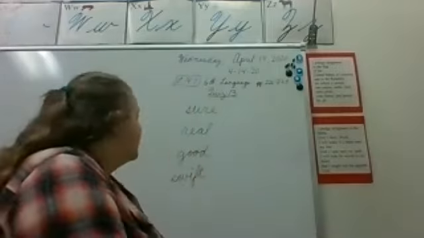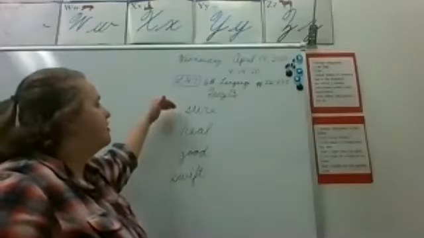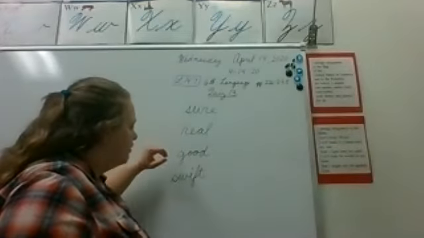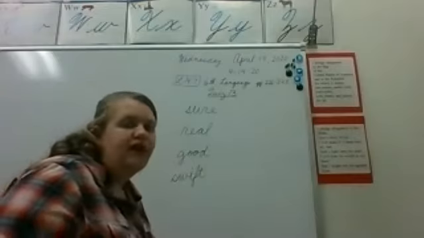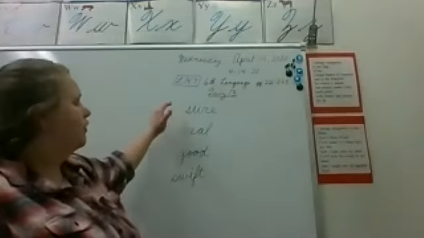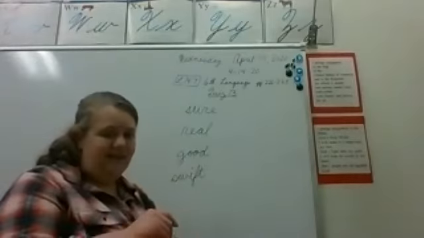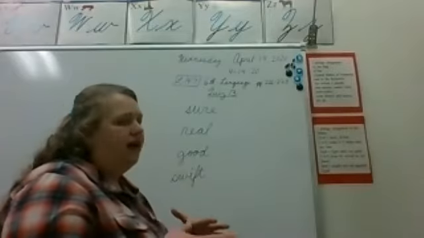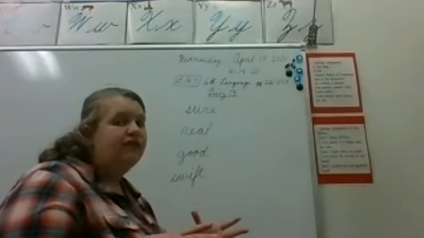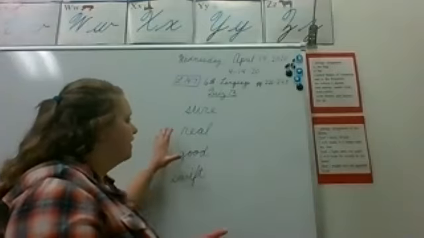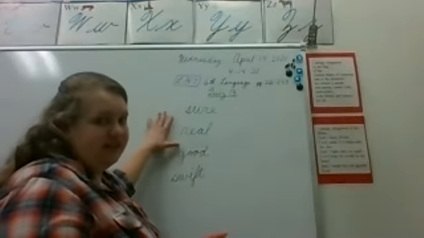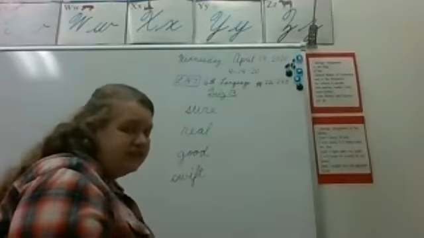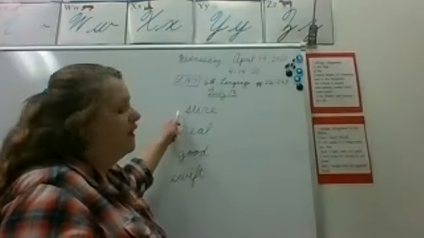All right, we're gonna take a look at some words up here. We've got sure, real, good, and swift, okay? So these words are most commonly used as adverbs when these really would be adjectives, okay?